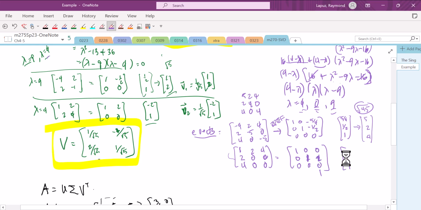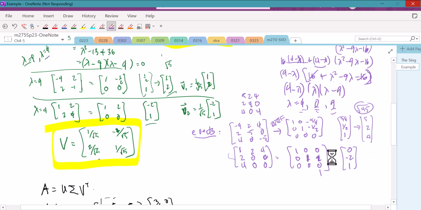This is going to be a -2. And this is going to be a 0 because it was zeros to begin with. Okay. What is the magnitude of this? The magnitude of this is root 5. So I got my second column.